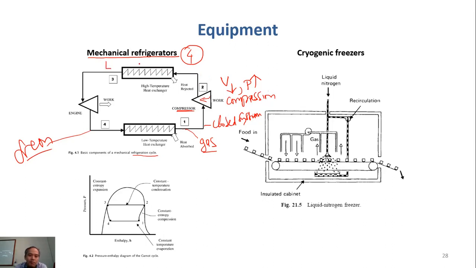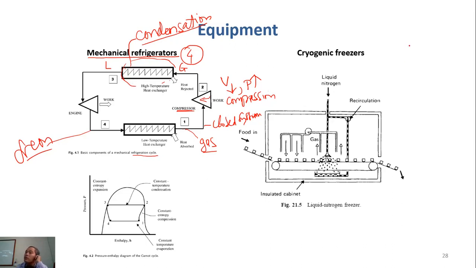And this component, where it goes from gas back to liquid, is called what? A condenser. The process is called condensation. Condensation, conversion from gas back to liquid because you increase the pressure.